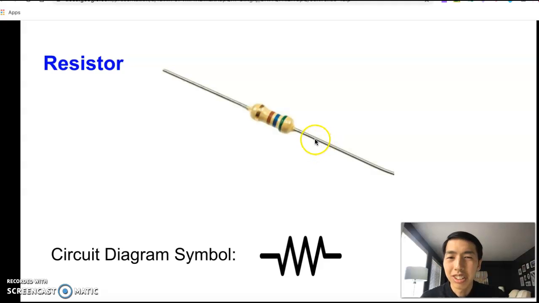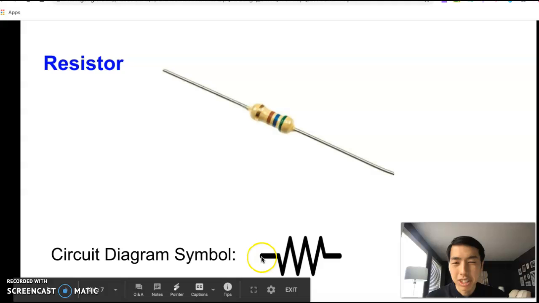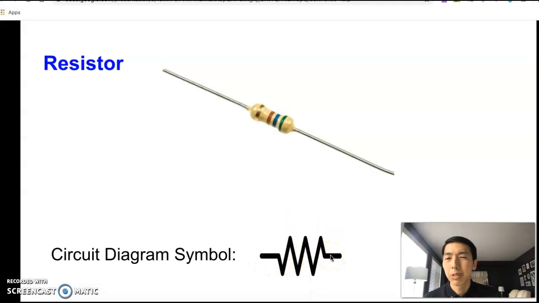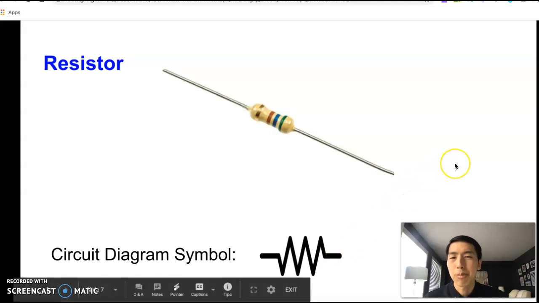So if you go into electronics, not in grade 9, but in a higher grade course, then you'll learn how to read all the colors to read the resistance on the resistor. But instead of drawing that on our circuit diagram, we draw something a lot simpler to represent a resistor. It's basically zigzags. Okay, when we draw the zigzags, that's a resistor in a circuit diagram.